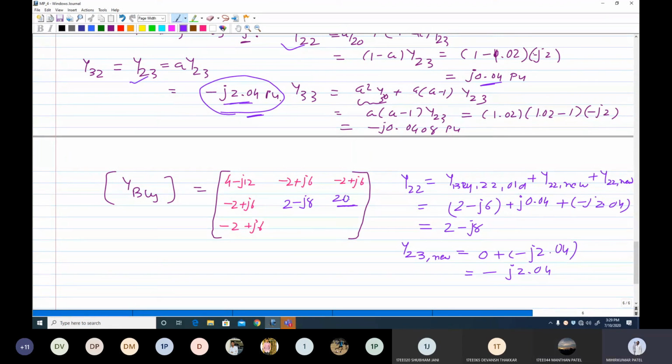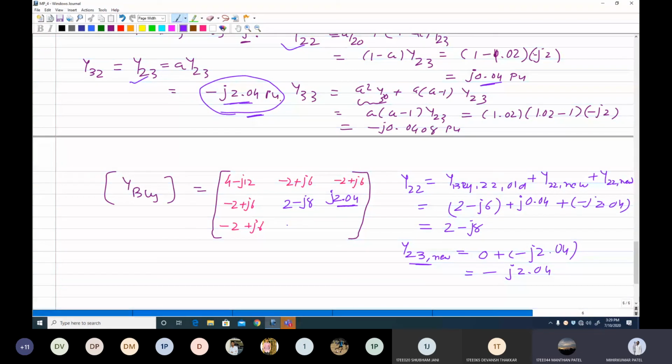Why is it so? Conclusion 2. Yes, very good. Conclusion 2 says that the off-diagonal elements are the negative of the original value. So we have the original value in negative, so here it will be positive.